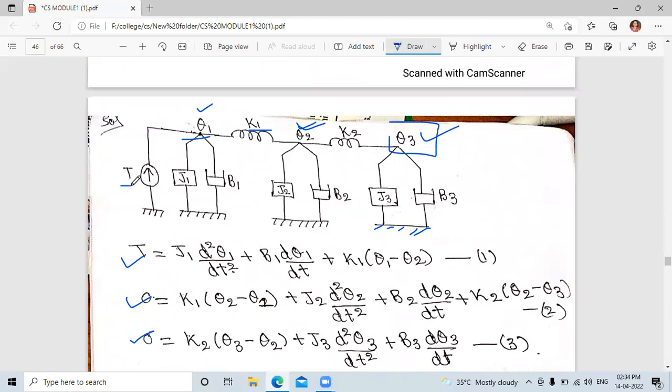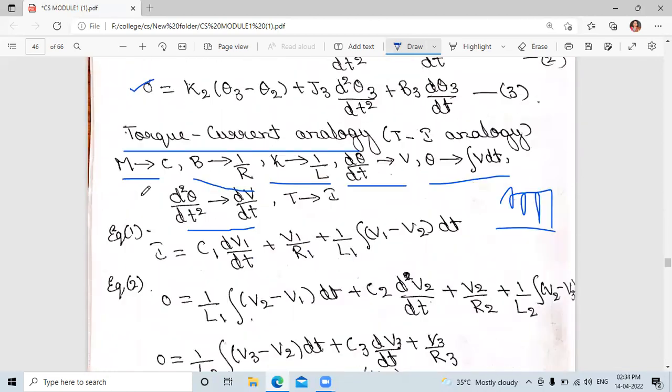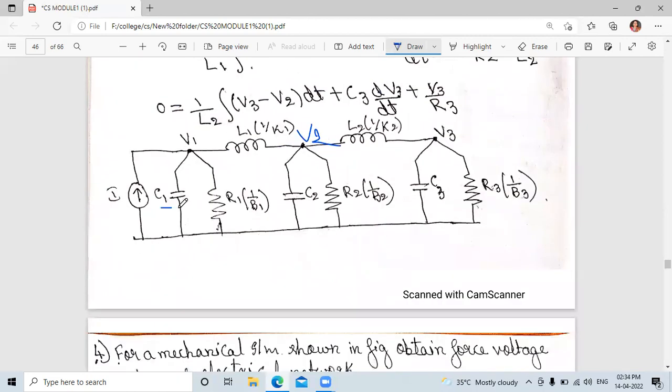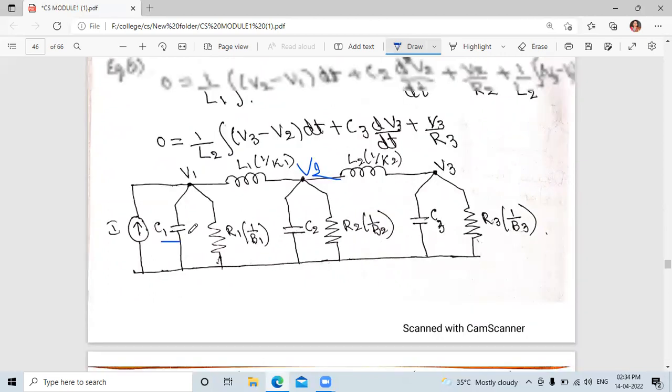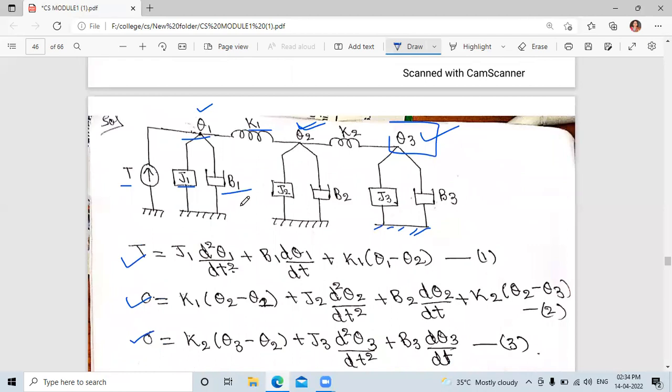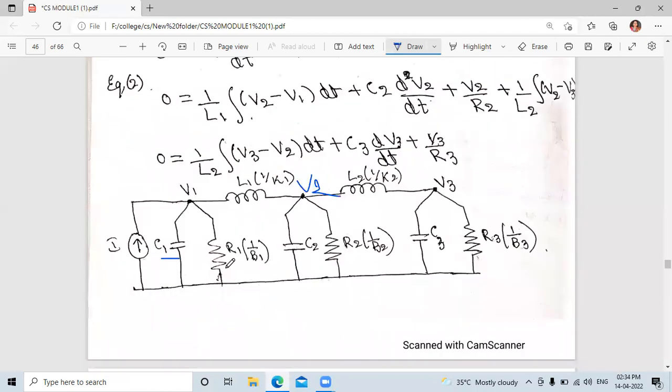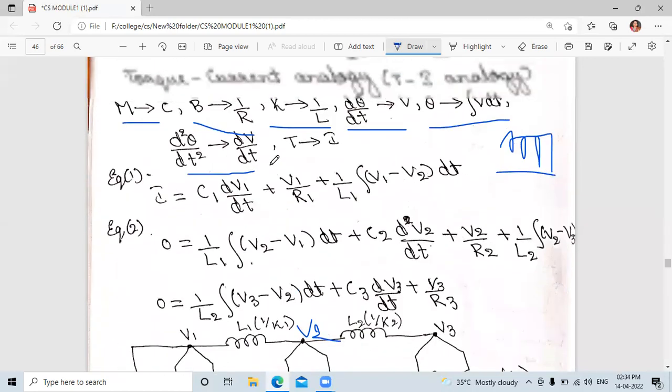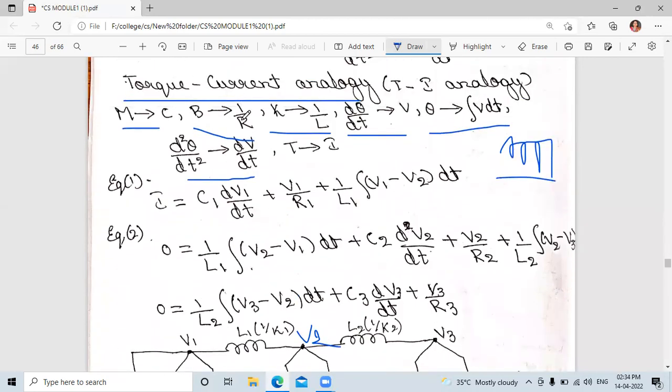Instead of T, what you will indicate? I. And instead of mass or J, we have written C, C1. Similarly we need to draw. Instead of B1, R1 should be there. Here R1, in bracket you should write 1/B1, because B is replaced by 1/R.